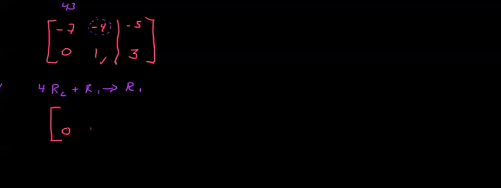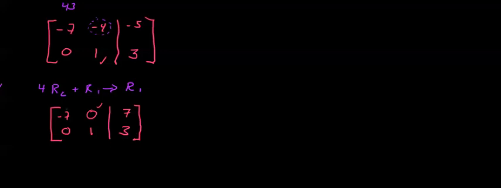So I have 0, 1, and 3. 4 times 0 is 0, plus negative 7 is negative 7. 4 times 1 is 4, plus negative 4 is 0, kerchunk. 4 times 3 is 12, plus 5 is 7.